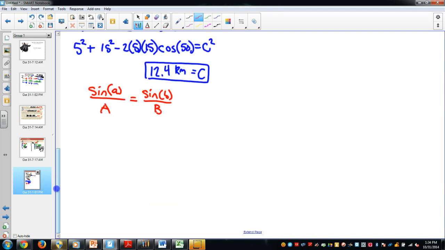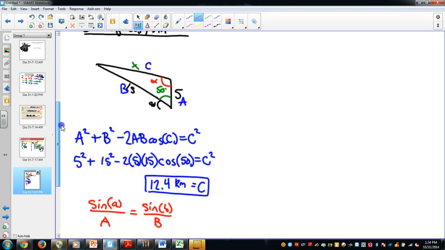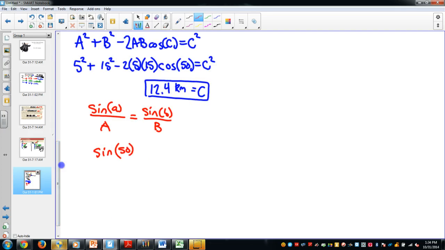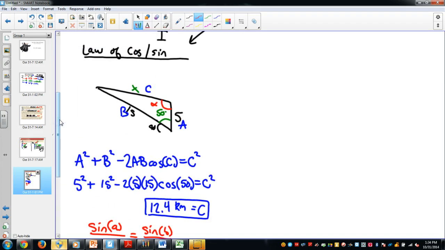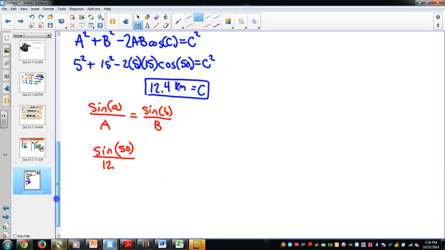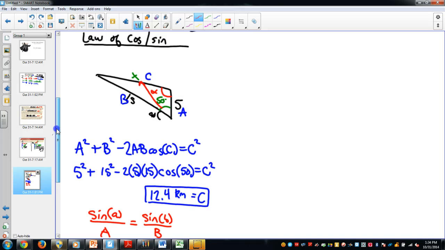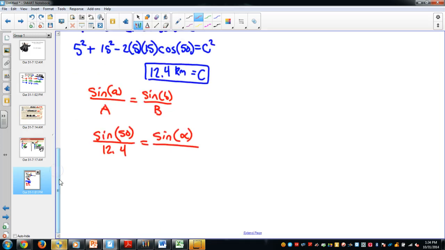So I'll pick an angle that I know, the sine of 50 over side A. So if this is A, that's 12.4. The sine of, I'm looking for that angle alpha, over side B. So that's going to be 15. So I cross multiply: the sine of 50 times 15.